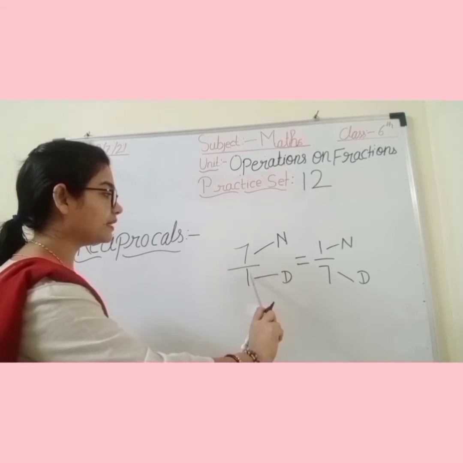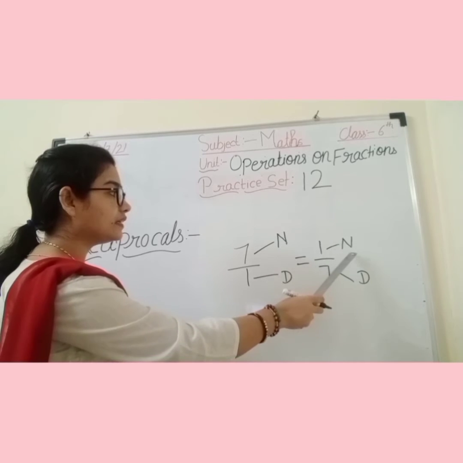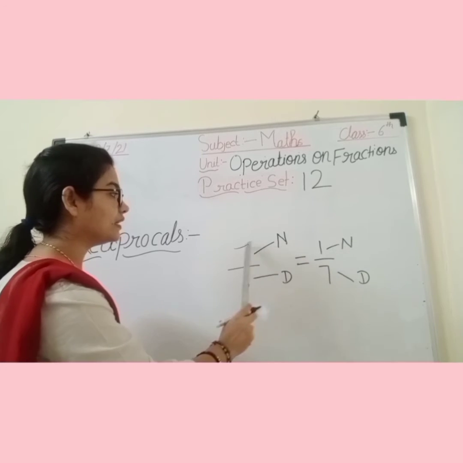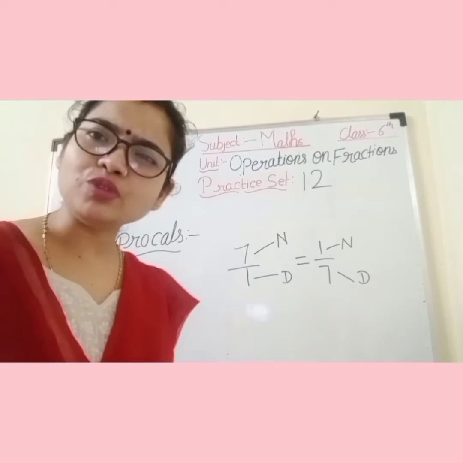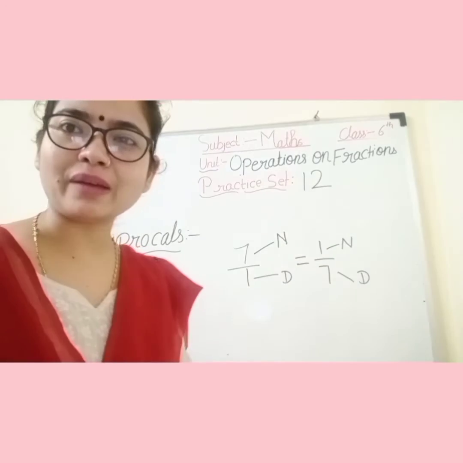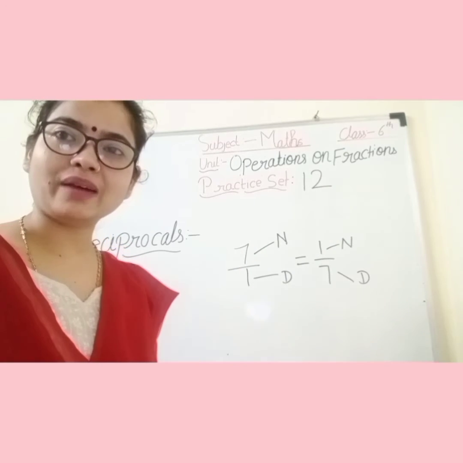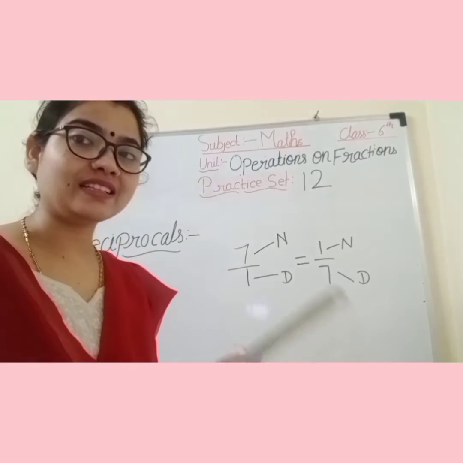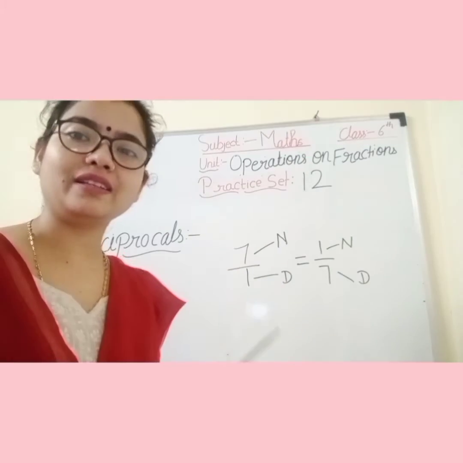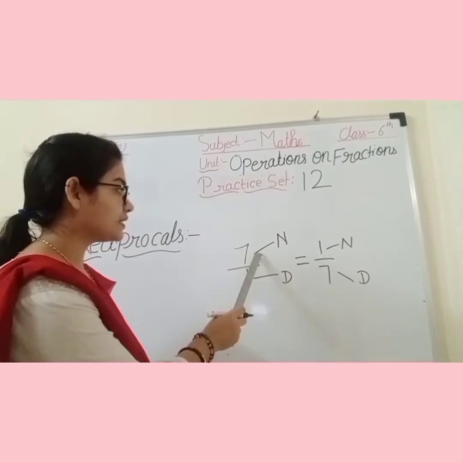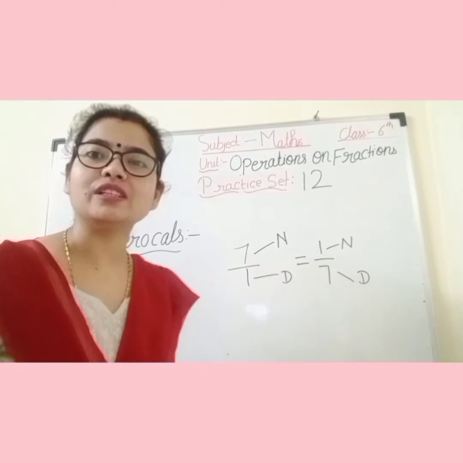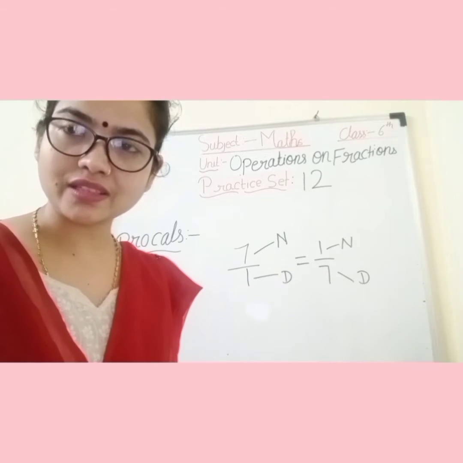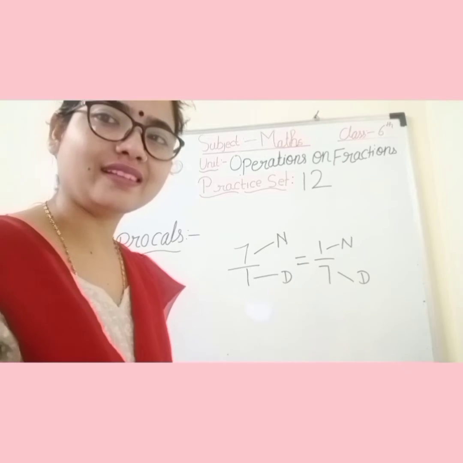Here on this side, it has become numerator and this numerator has become denominator. Means you only have to flip the position. You have to invert it, as I have done here. 7 by 1 becomes 1 by 7. Okay student? Clear?